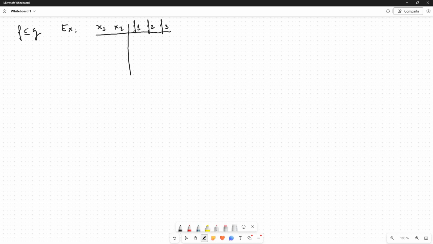So for two variables we have 4 combinations, and the functions are like this. And the question is, does f1 imply f2?